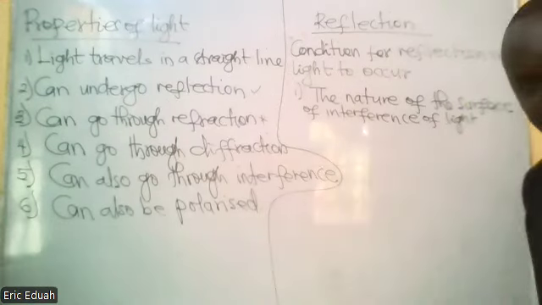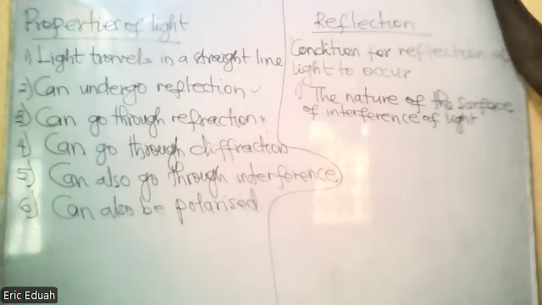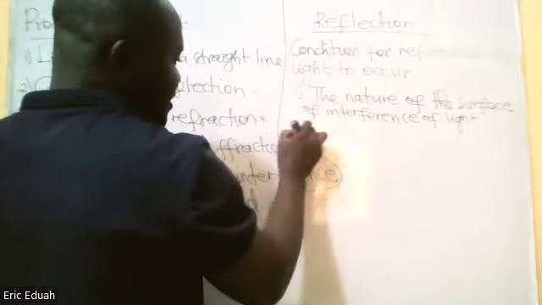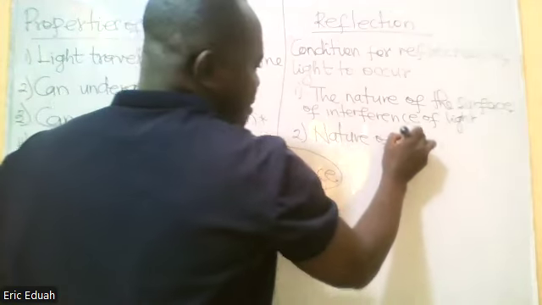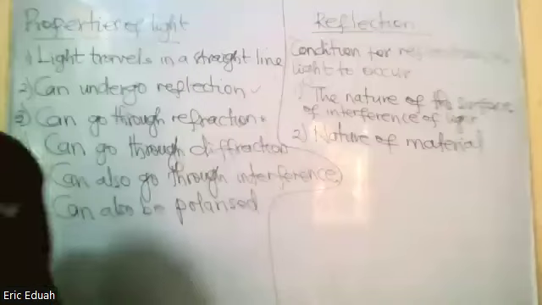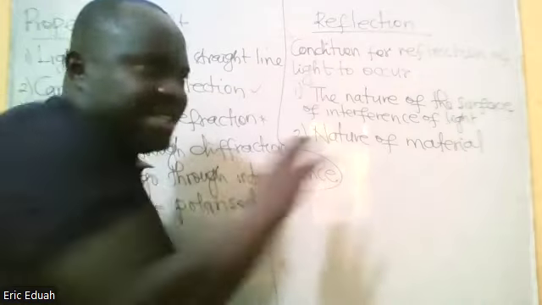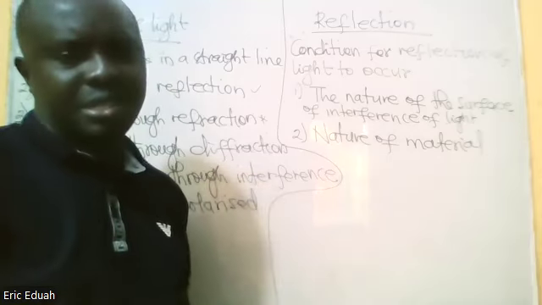Apart from the nature of the surface, what other condition must prevail for reflection to occur? Then lastly, the nature of the material. What we mean by nature of material is: is the reflecting surface solid, liquid, or gaseous?